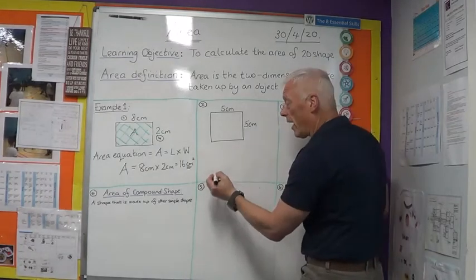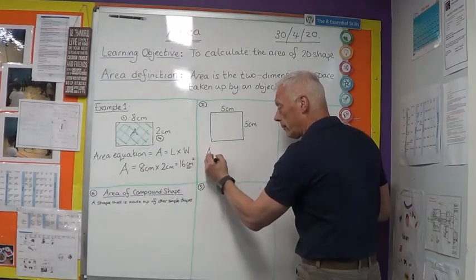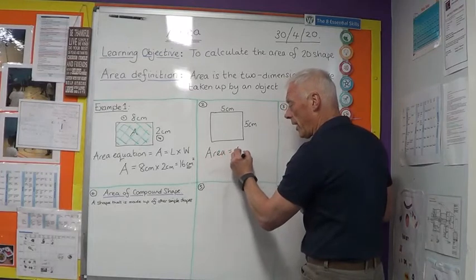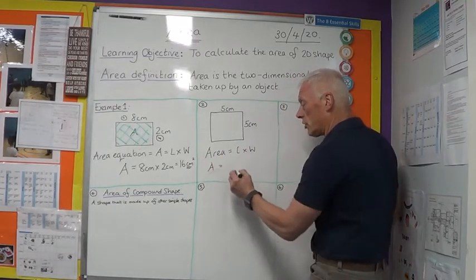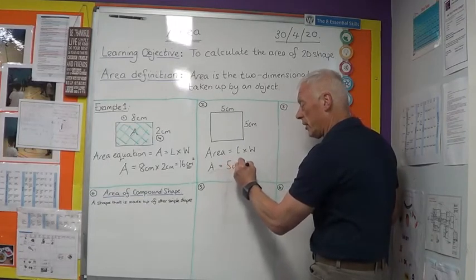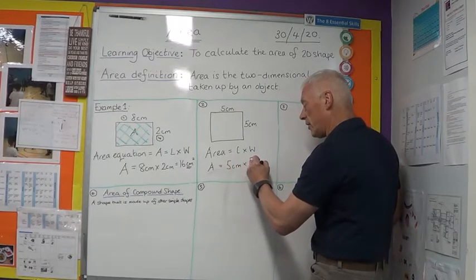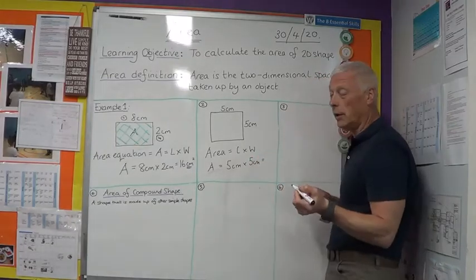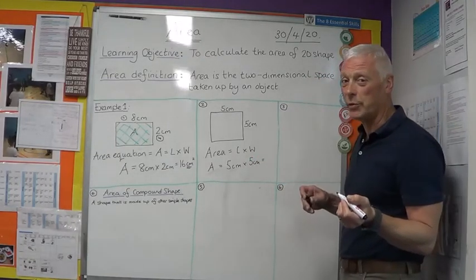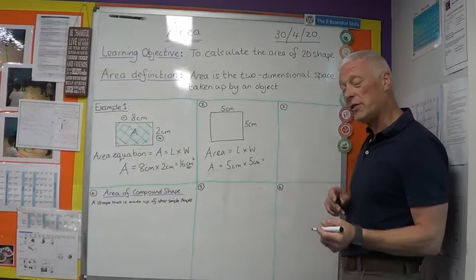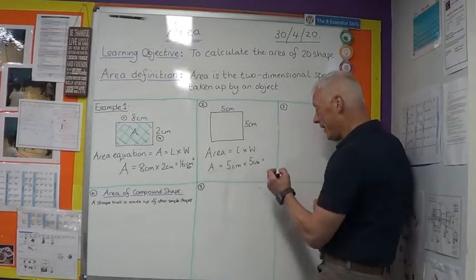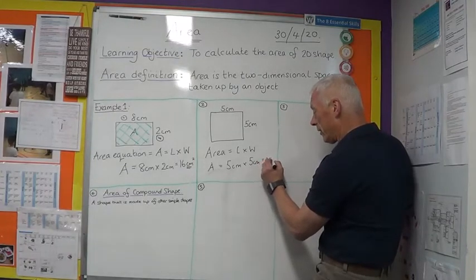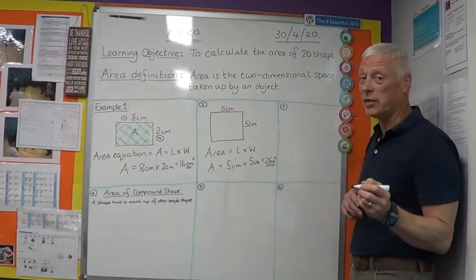If you want to work out the area, again, length times width. So area equals 5 centimetres times 5 centimetres, which equals, I'll give you 10 seconds to work that out, 5 times 5, 25 centimetres squared is your answer.